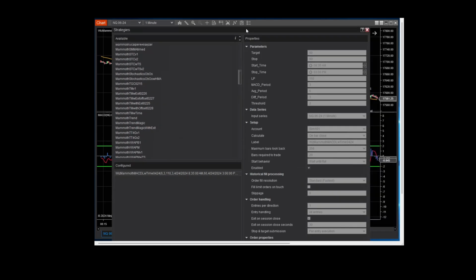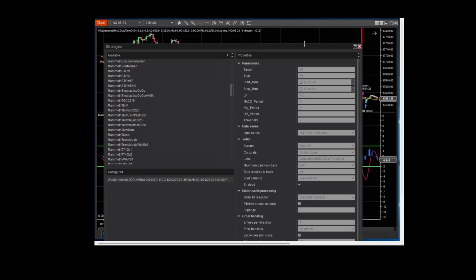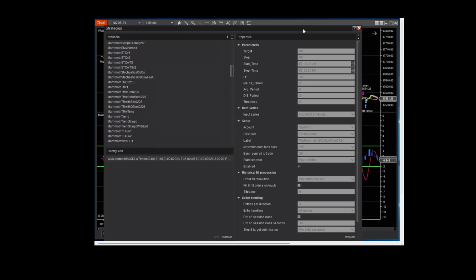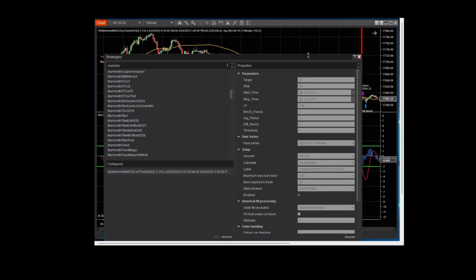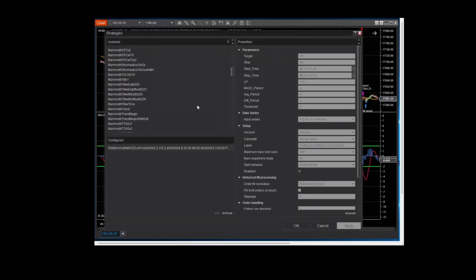The setting is right here. The window's a little bit too big for some reason. Okay, here we go. The target is 60 and the stop is 60.